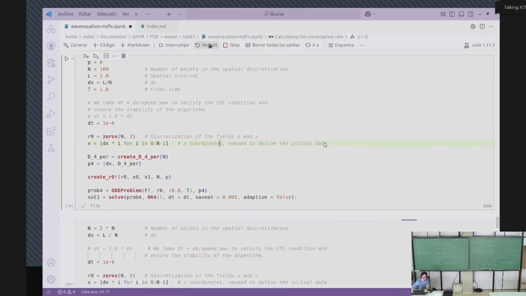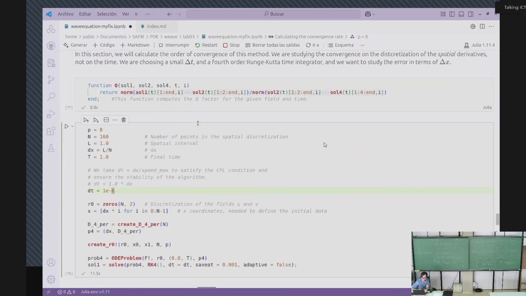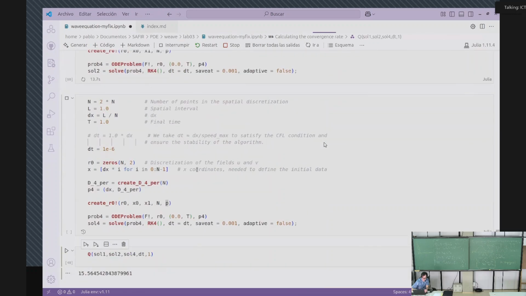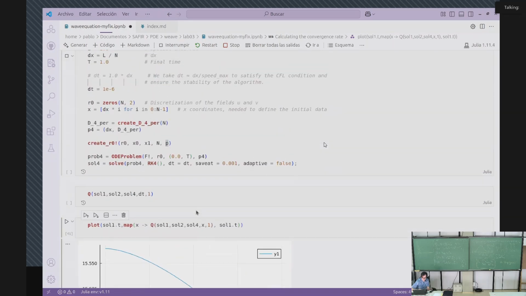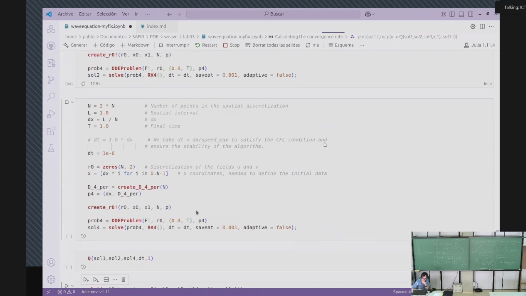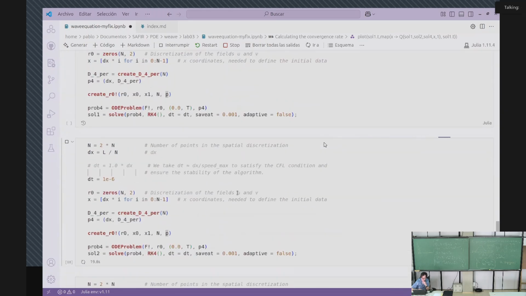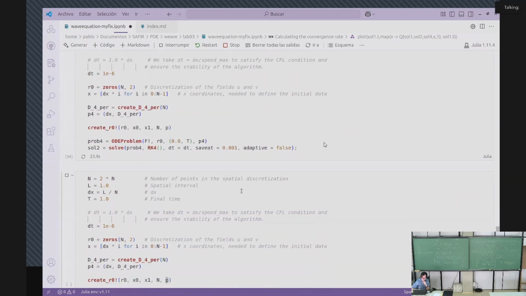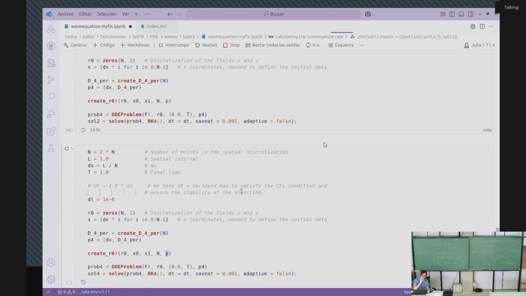So let me try to fix it here, because I think I ran a cell twice and that will make it not work correctly. Let's wait for it to run.